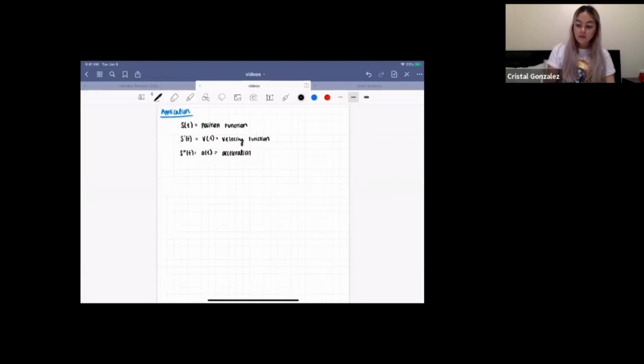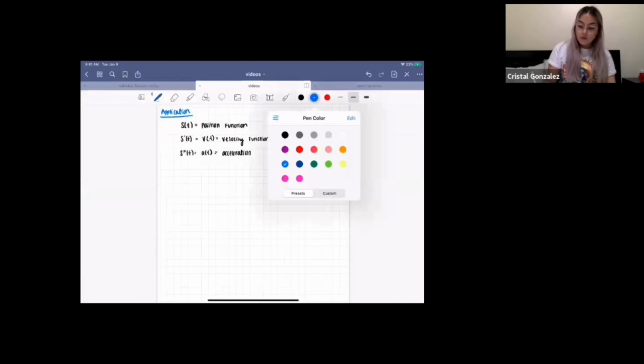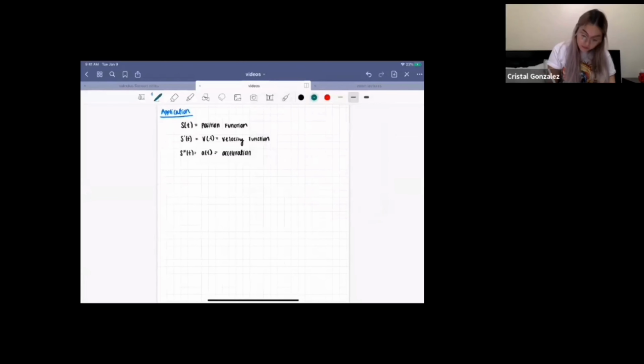Okay. When we go ahead and take the derivative, so over here downwards, we have our derivatives. But now we're talking about antiderivatives. So if we go down, we take the derivative of s of t, we get velocity.